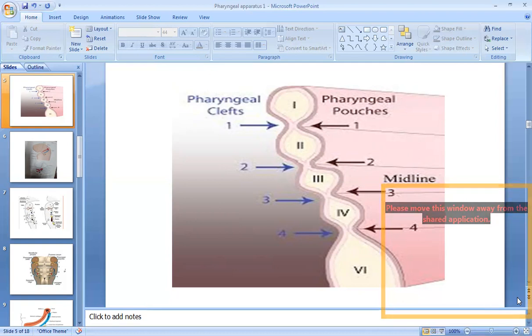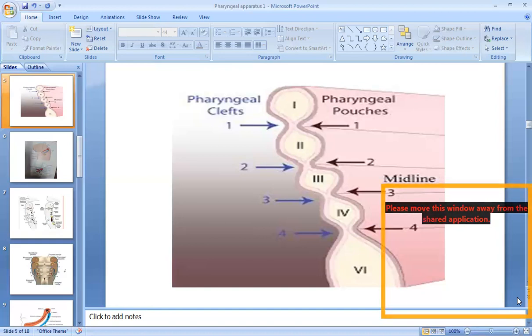From the outside, it is going inside. You can see the blue color, and here is written pharyngeal cleft. This is a line seen from the outside, and it has gone toward the inner side. This is the ectoderm. On the other side, you can see the black and the pink area, and here the lining is seen, and this lining is going toward the cleft side.